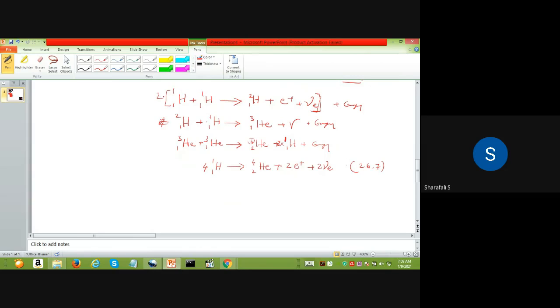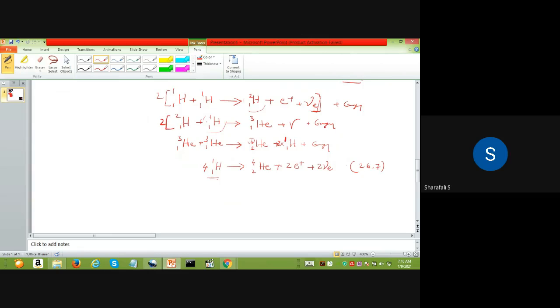So 2 times this will come as 4 protons, which is at the start, so that I have it here. Then 4 helium I am getting here, and in between I am having 1 neutron here. And here I am using 1 proton. So here I need 2, right? So I need 2 here. So it is 2 times. Now it will be fine.